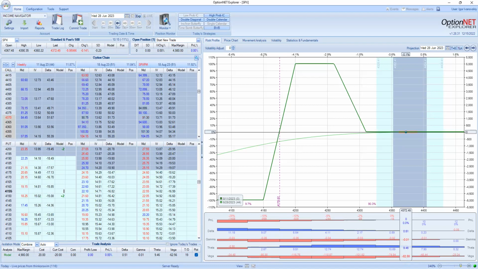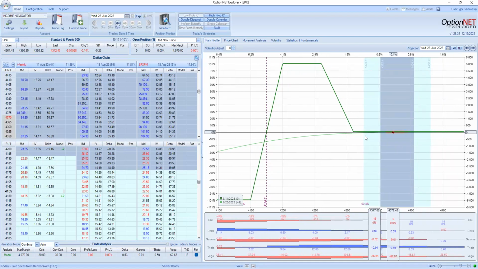So we are a lot less sensitive to changes in price and in changes in volatility, right? That's the positive. We're not as sensitive to price changes and a potential increase in implied volatility.